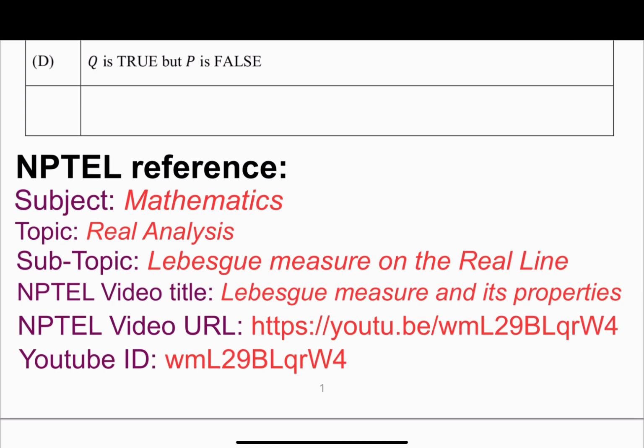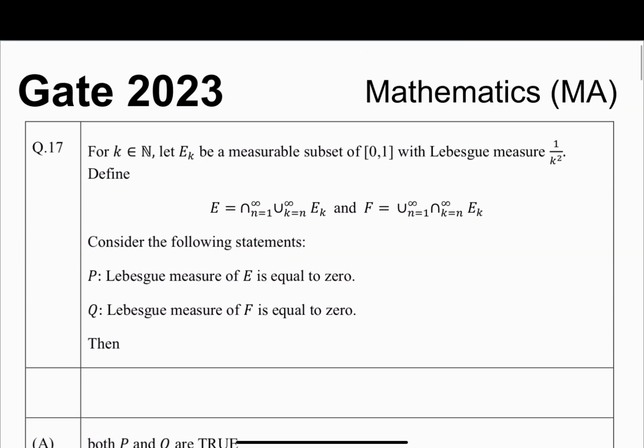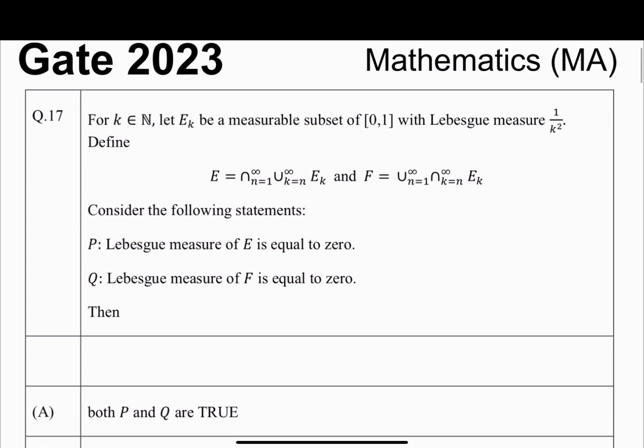So two sets are given, E and F. You have to say whether the Lebesgue measure of E and F are 0 or not.